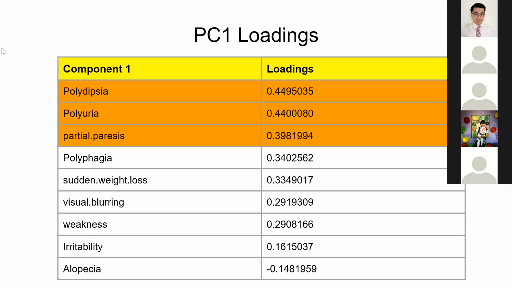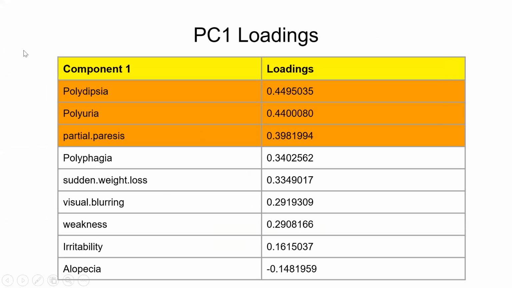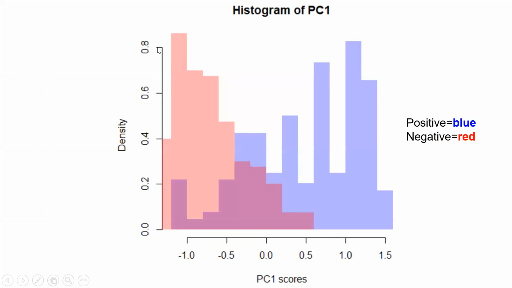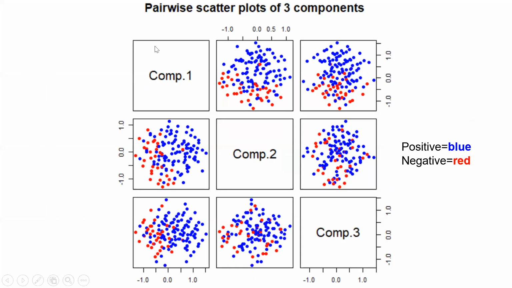Actually, if you look at your principal component plot 1 and 2, you can look at the scatter plot.